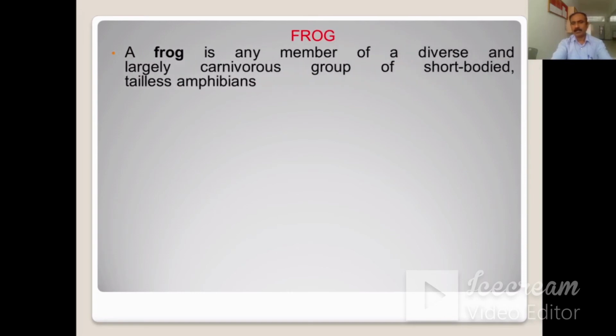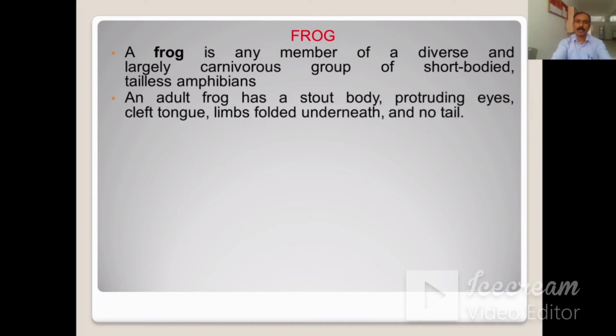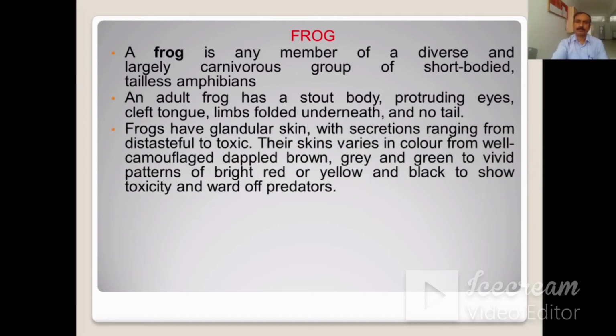Let us discuss the example, that is the frog. Frog is any member of a diverse and largely carnivorous group of short-bodied, tailless amphibians. An adult frog has a stout body, protruding eyes, cleft tongue, limbs folded underneath, and no tail. They have glandular skin with secretions ranging from distasteful to toxic.